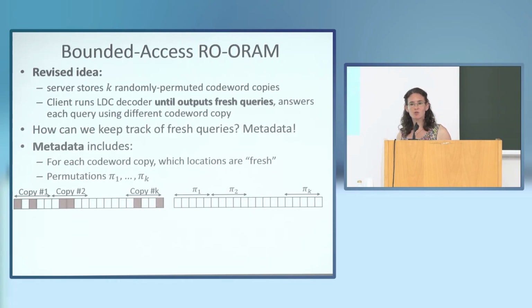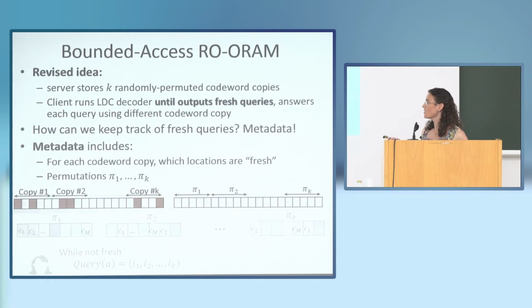Another thing I'm going to store on the server is the permutations. I never specified how the client knows how to permute. I could use pseudorandom functions, for example, but I want information theoretic security for this. So I'm going to just store the permutations on the server. Again, it's log n bits per block. If the blocks are large, this is nothing.